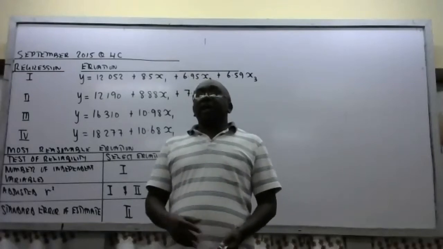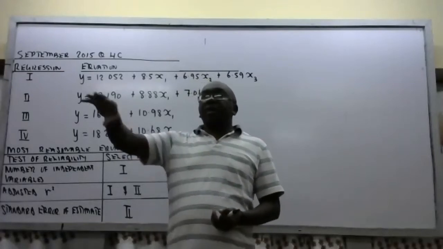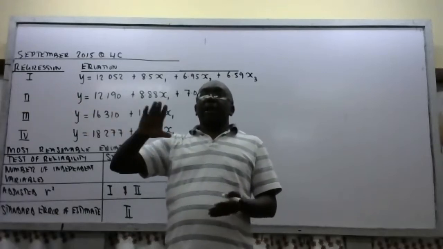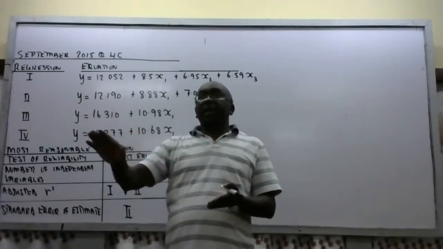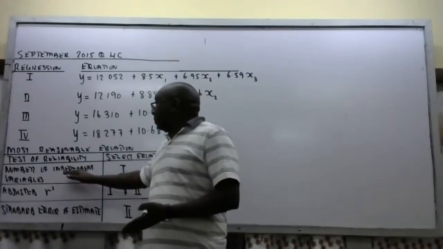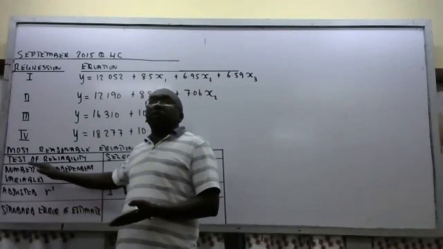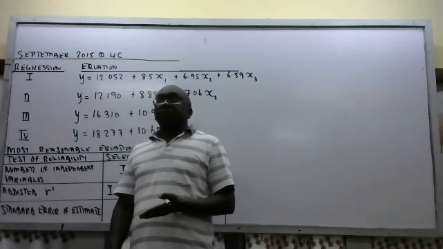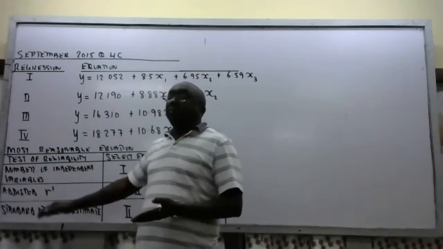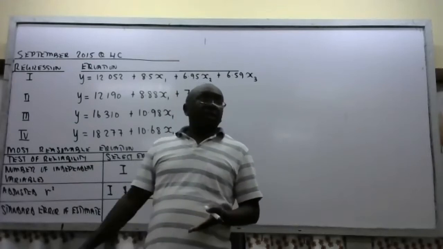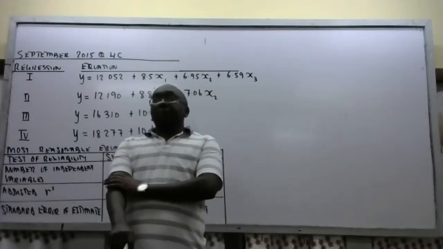Between the number of independent variables and the error, which one should guide you more? We have just said a while ago that when you ask many people, you are reducing the probability of making an error. So the number of independent variables comes in to reduce the error, but the error does not reduce the independent variables. So the independent variables are more important. So we just make a comment down there.